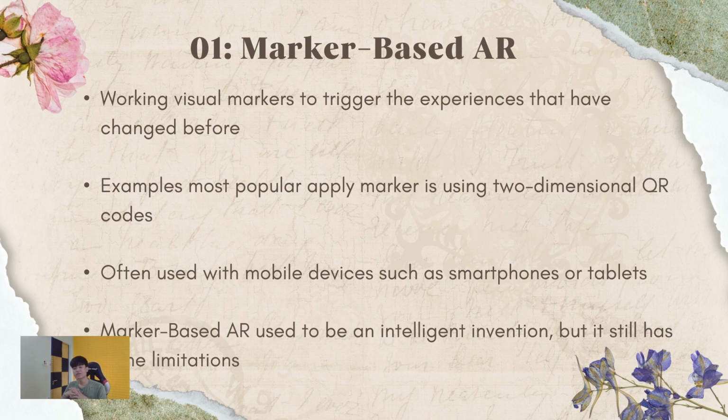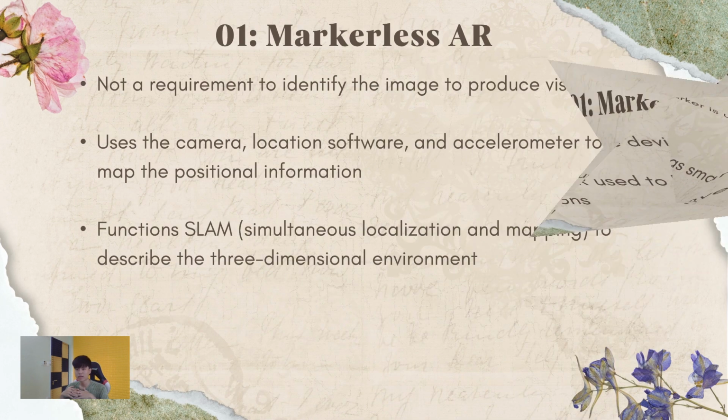This technology is usually used on mobile devices such as smartphones and tablets. Marker-based AR was an intelligent invention, but it has some limitations so that it cannot be used widely nowadays.